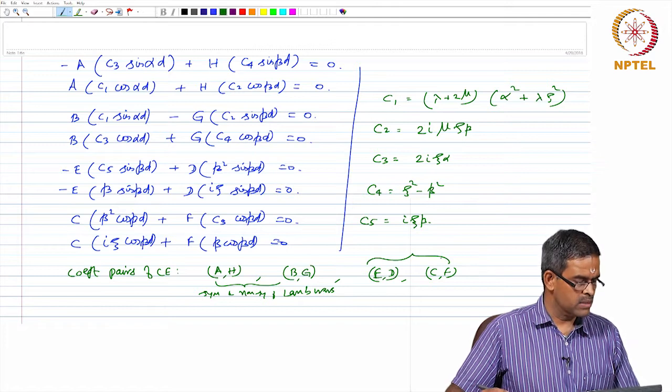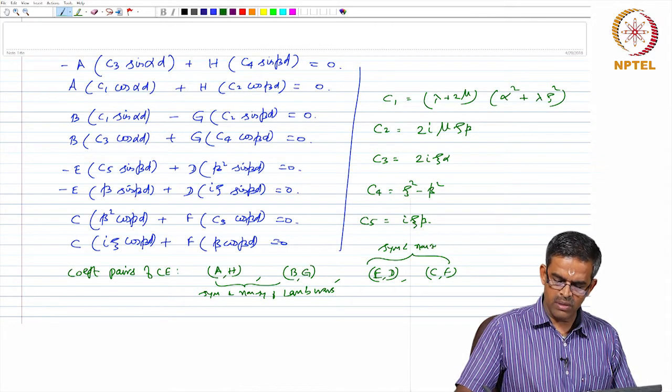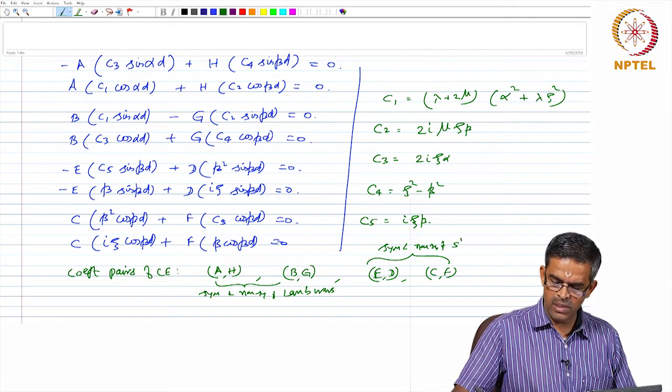These two pairs correspond to symmetric and non-symmetric shear horizontal waves.